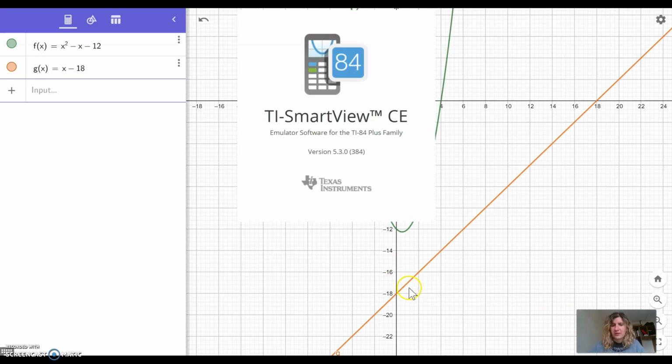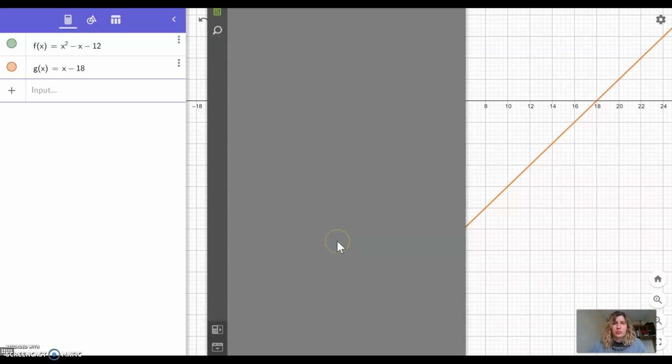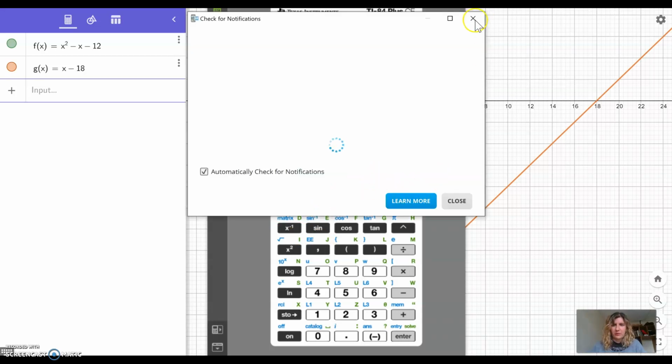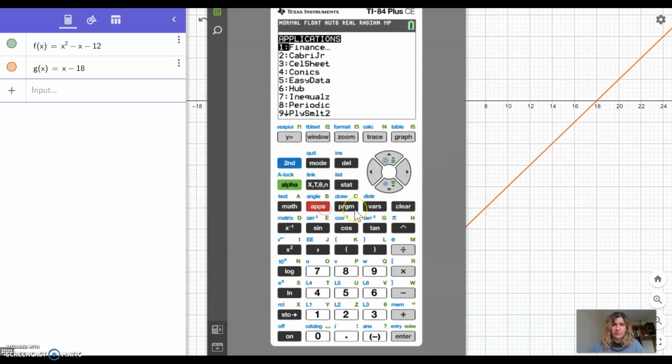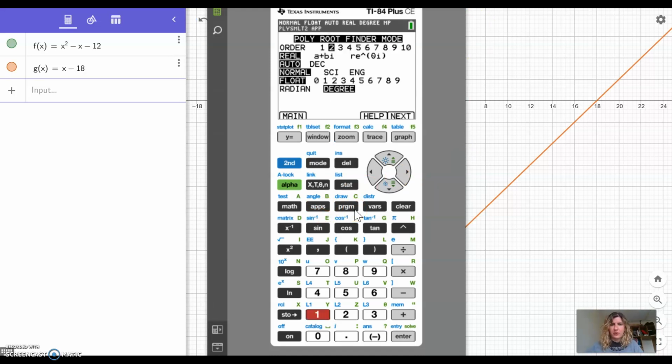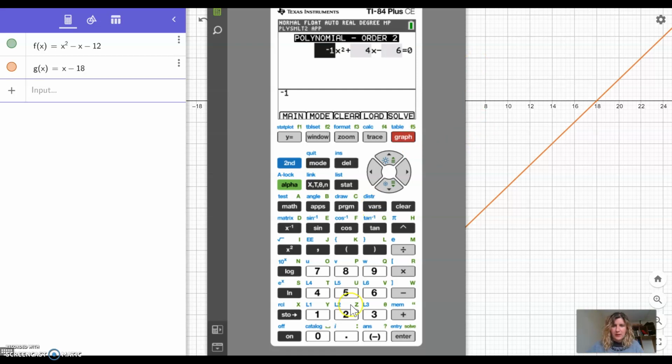Sorry, I should have done this earlier. So if I use my quadratic formula app, I've got 1x squared minus 2x, and that's me plus 6 on the end there.